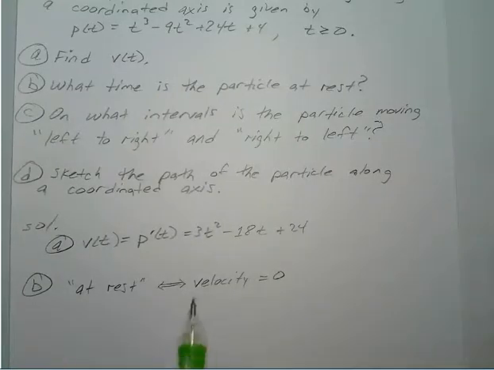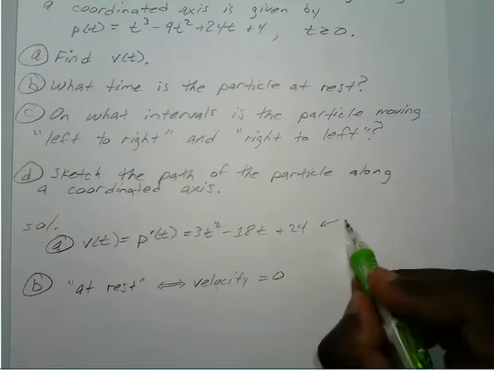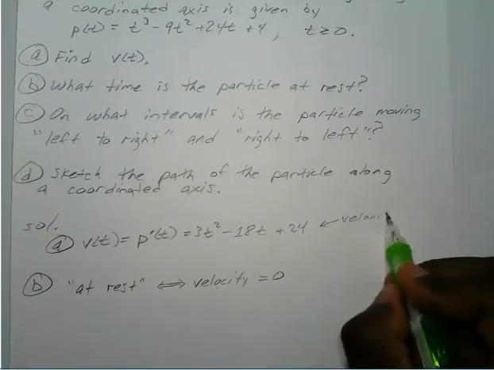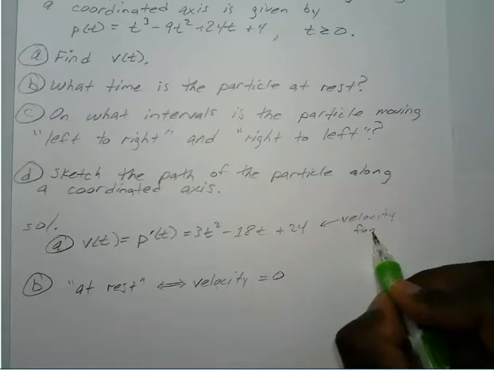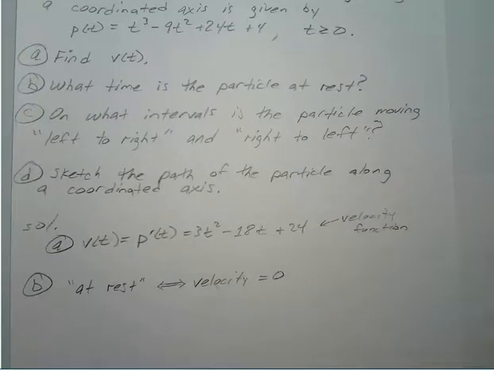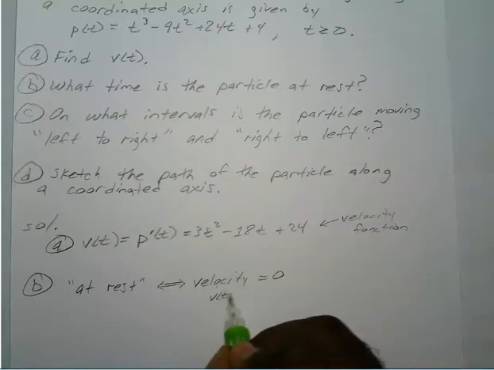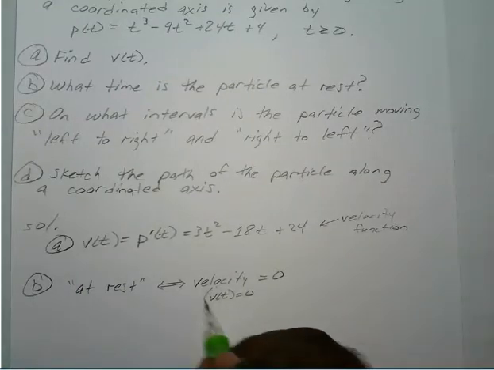So since we're looking for the velocity to equal 0, and this is our velocity function, we're looking for v of t equal 0.